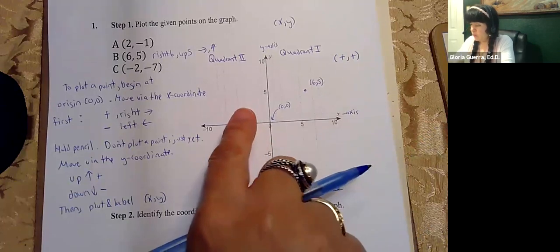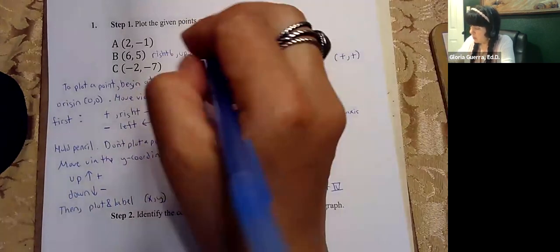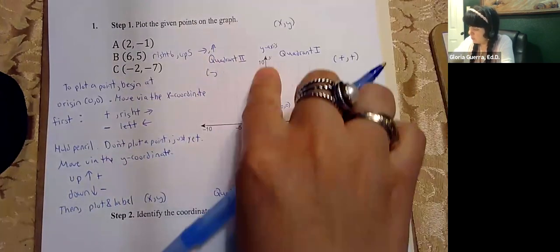Now, if your point lives in quadrant 2, that means the x is negative and the y is positive.